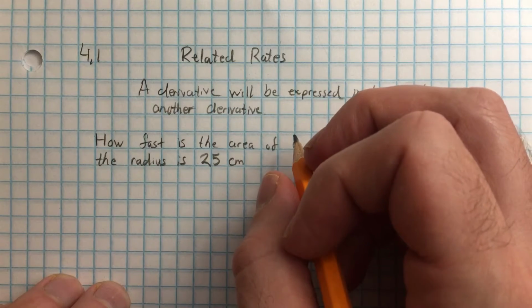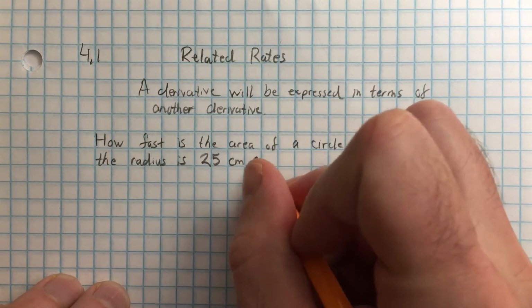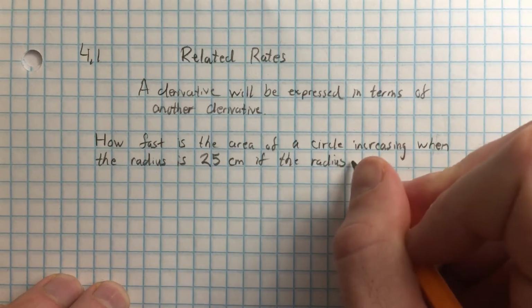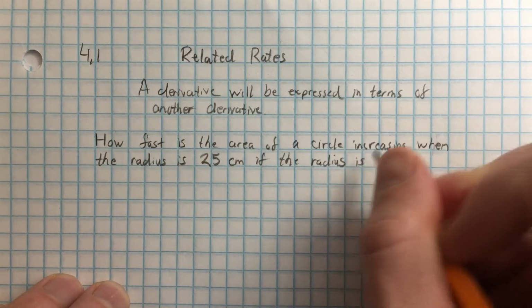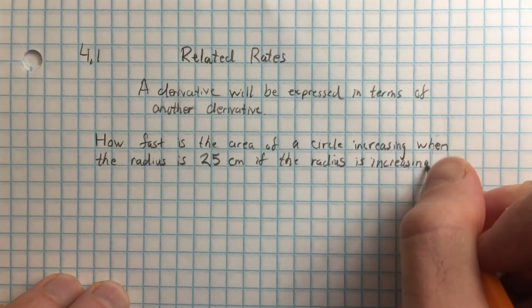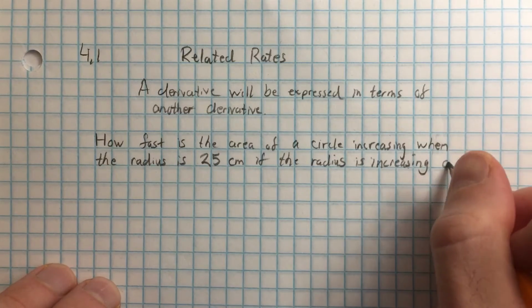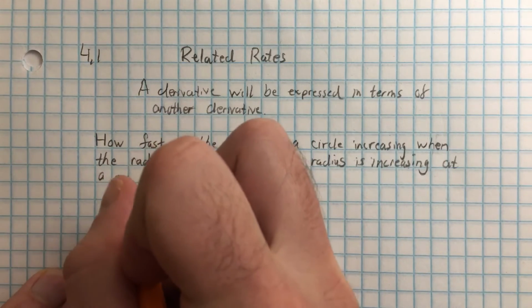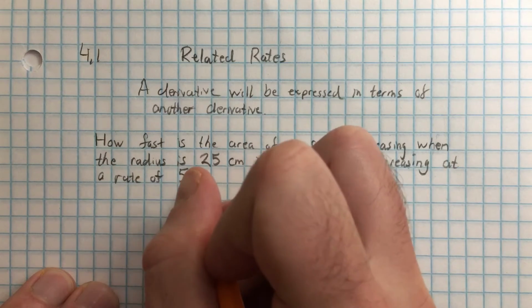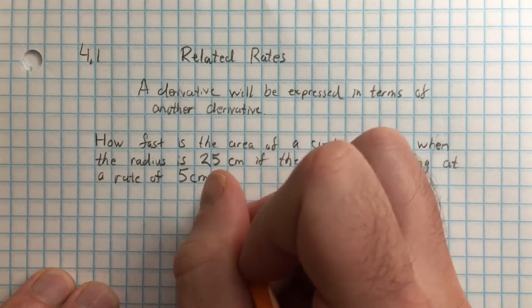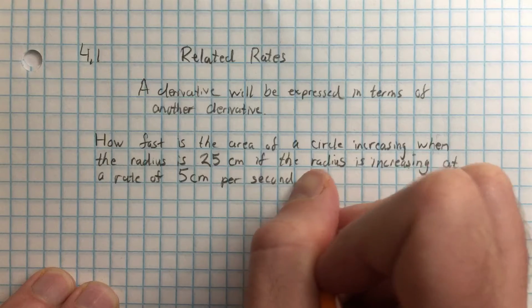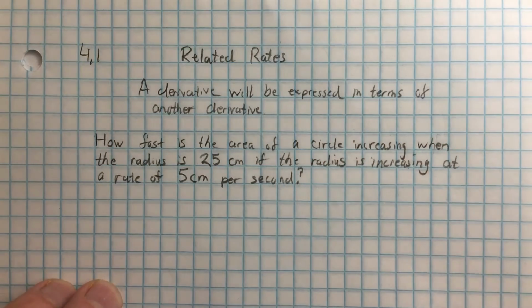If the radius is increasing at a rate of, let's make up some numbers here, something like 5 centimeters per second. All right, that's a pretty big question.